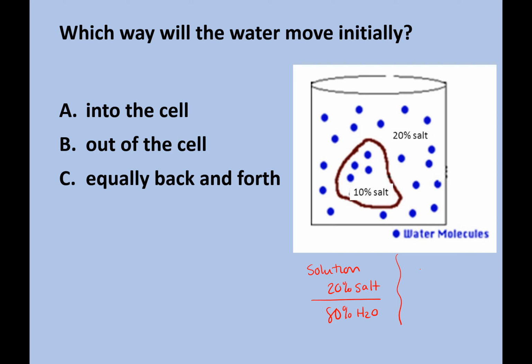And for the cell, it has 10% salt, so it's going to have 90% water. Water is going to move from high water to less water, so water is going to move out of the cell. Okay. Eventually water will reach equilibrium and it will equally move back and forth, but initially it's going to go from high water to low water concentration.